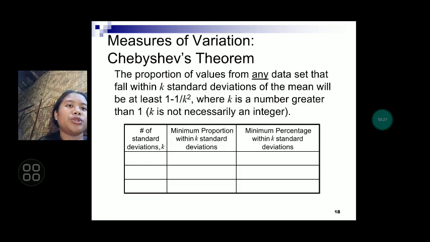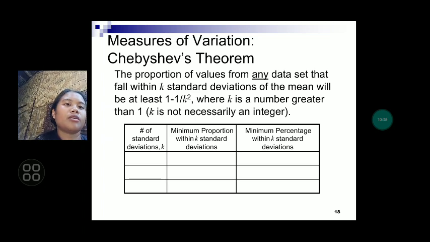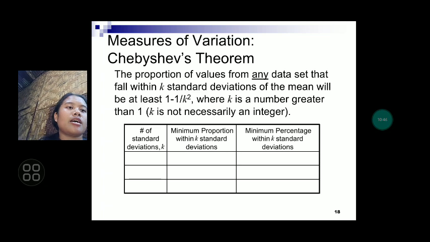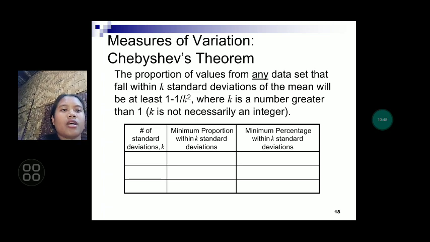The proportion of values from any data set that fall within k standard deviations of the mean will be at least 1 minus 1 over k squared, where k is a number greater than 1; k is not necessarily an integer.